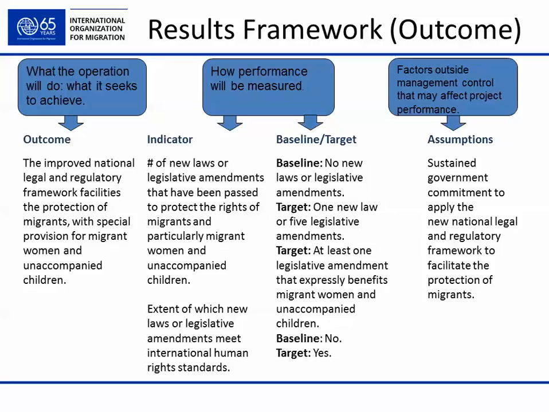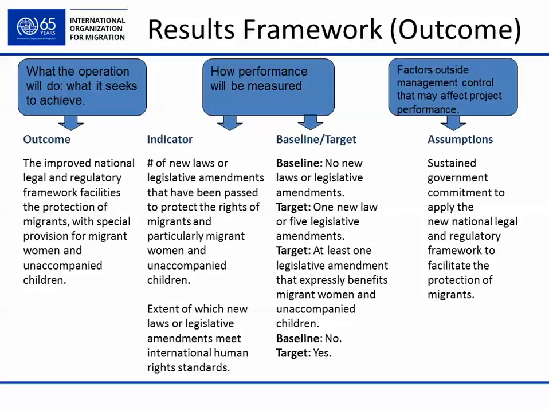Another example: extent to which new laws or legislative amendments meet international human rights standards. At the beginning of the project, no new law exists, so none of them meet international human rights standards. After the end of the project, yes, we expect that new laws or legislative amendments meet human rights standards.